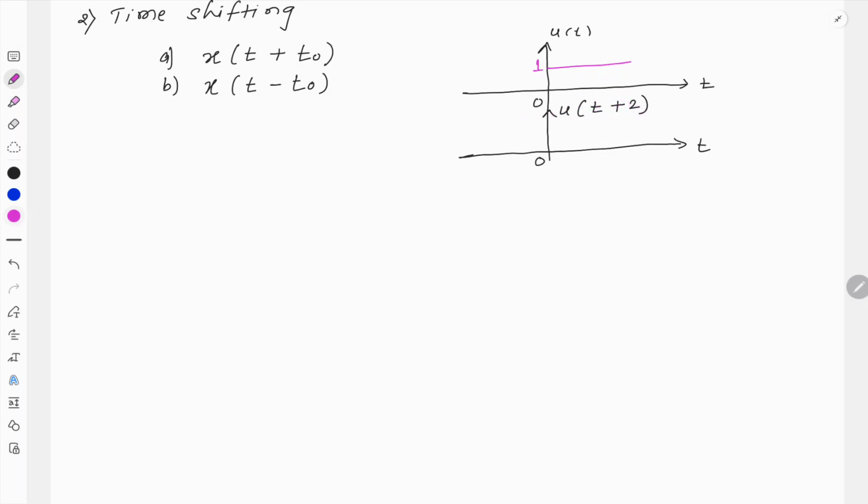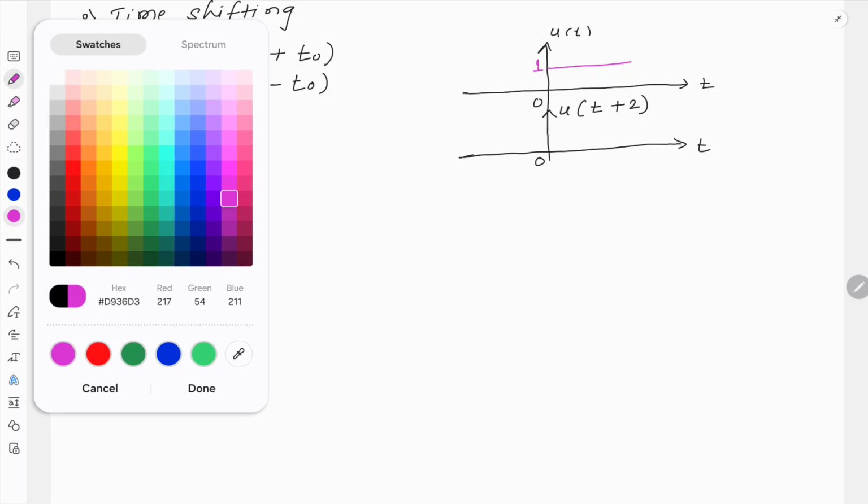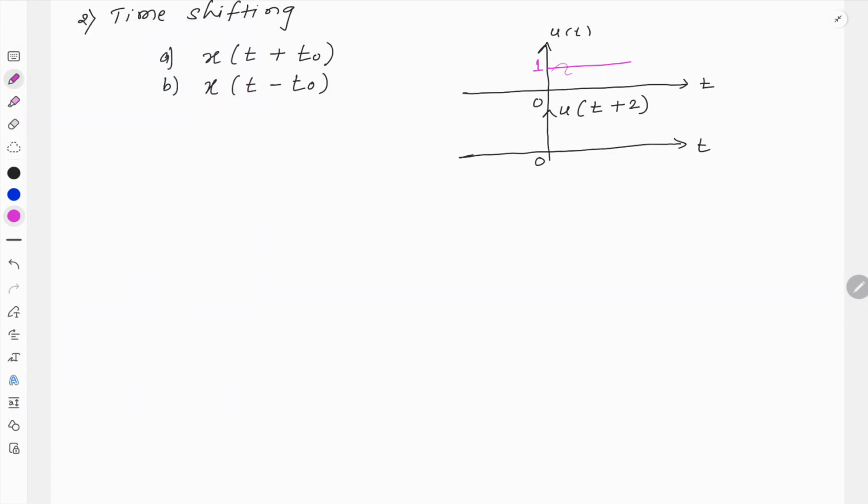So here, if we look at our original signal, it is starting at 0 and it is approaching towards the positive side. So we are going to pick up this signal, and it will be shifted towards the left side by amount 2.